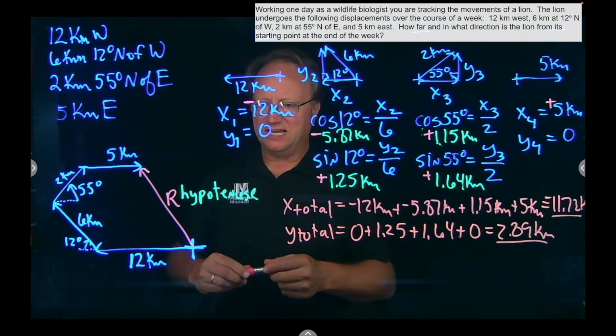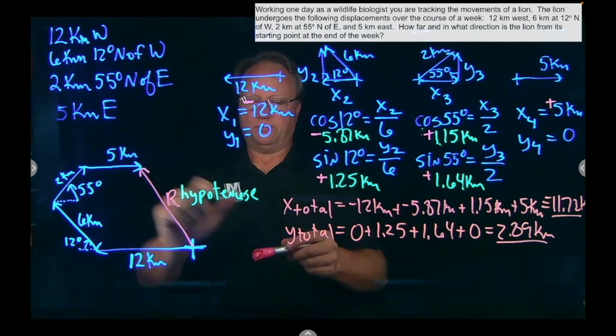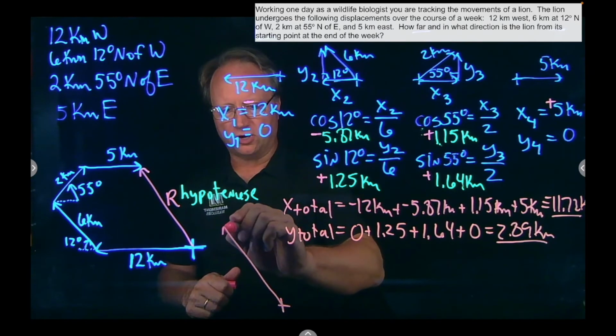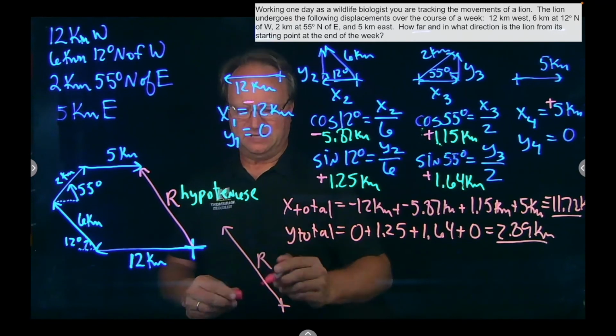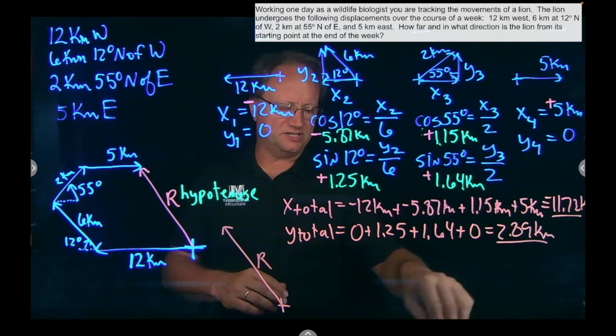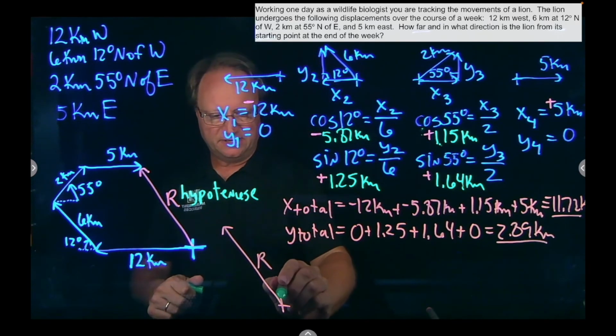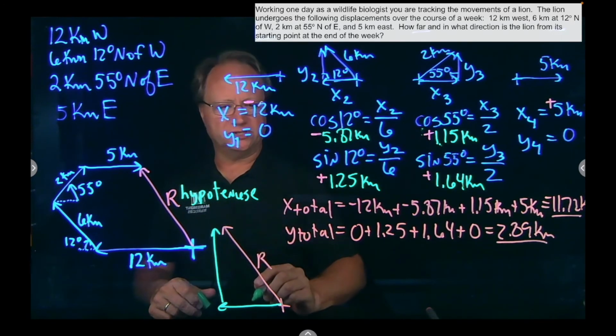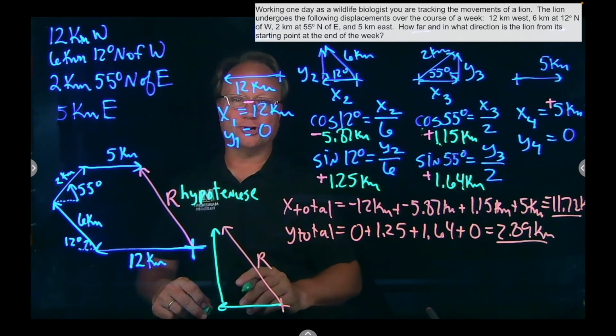So then these are our x and our y's. So then if we pull this R value, kind of redrawing it here, then what we've done is we have found the total in the x direction and the total in the y direction, not drawn to scale.